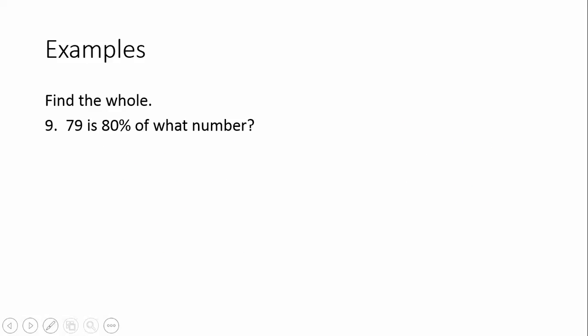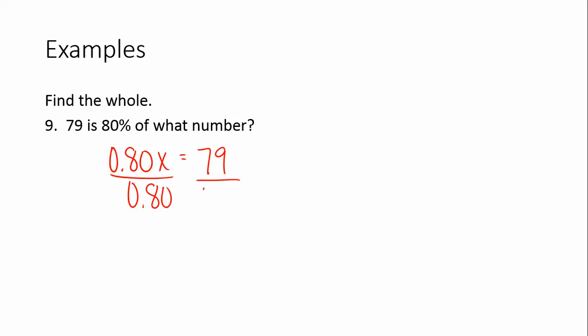Last example, pause the video here and try this type on your own. So if 79 is 80% of what number? So 0.80 or 0.8 of x is equal to 79. Divide both sides by 0.8. And we get 98.75.